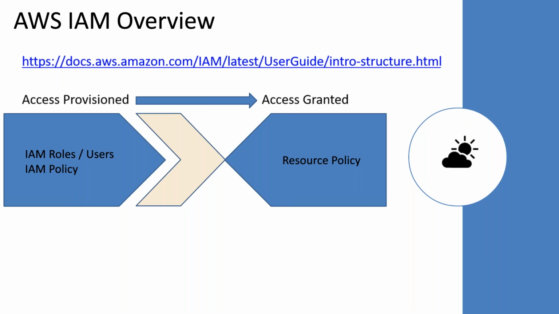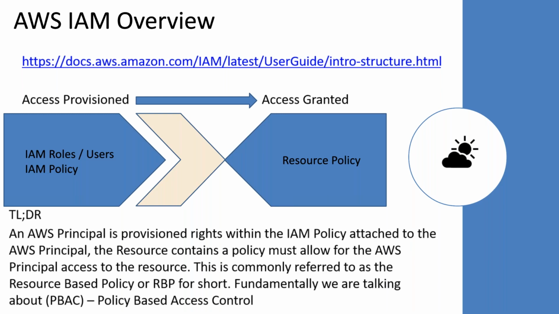You must have an agreement between the two whereby the IAM policy allows you to touch that resource, but then also the resource policy allows that principal in. And so fundamentally, we're talking about the AWS principal that's provisioned rights within IAM policy. The resource contains another policy, but also must allow for that AWS principal to access the resource. Without that, you will not pass go, you will not be able to touch that resource.